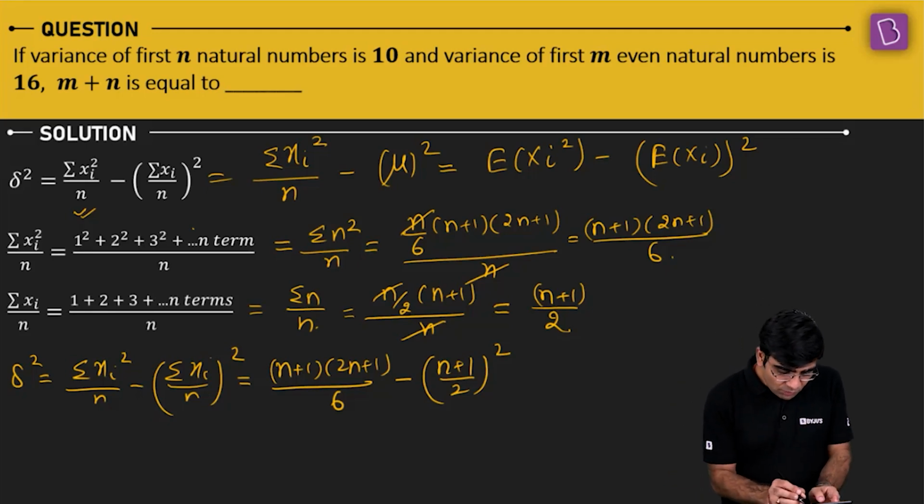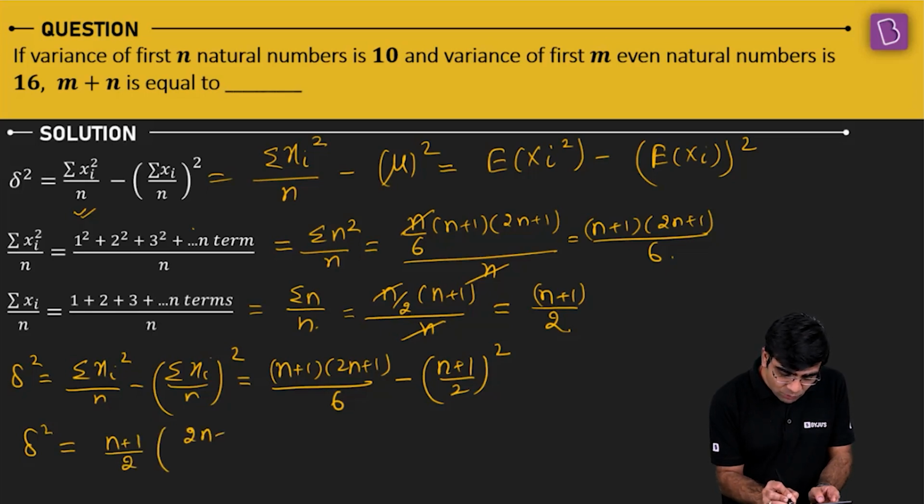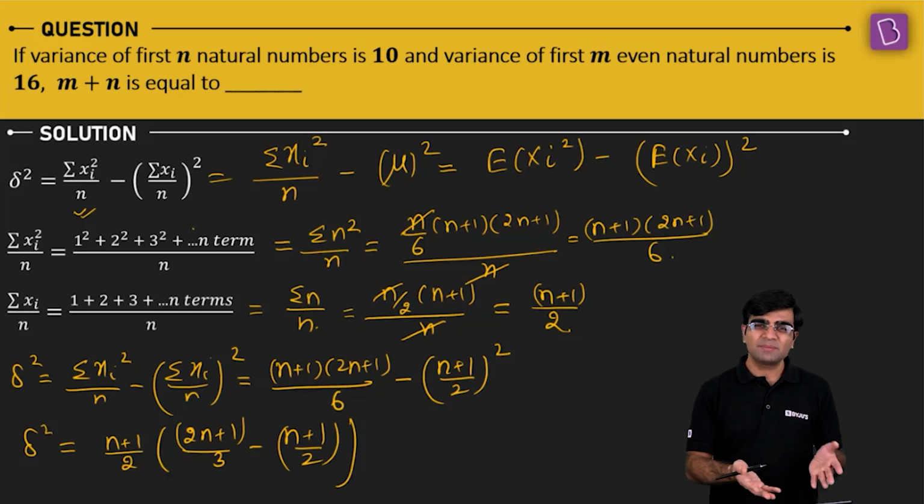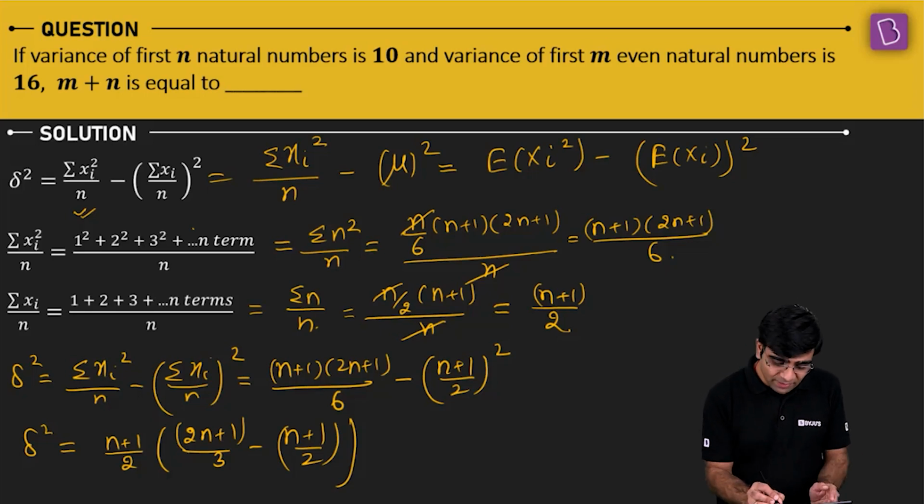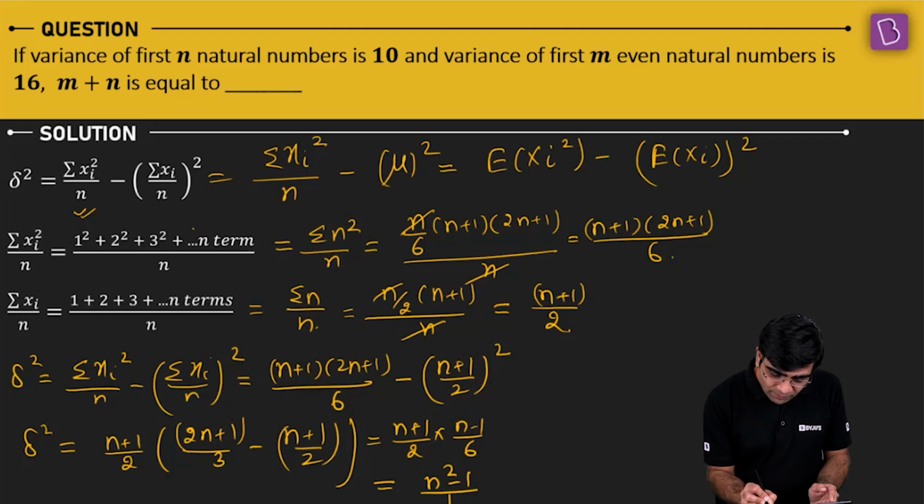From here, delta square is equal to, taking n plus 1 by 2 common from both of them, I'll get 2n plus 1 by 3 minus n plus 1 by 2. Very simple simplification. Take the LCM and simplify. You get n plus 1 by 2 into n minus 1 by 6, which makes it n square minus 1 by 12.